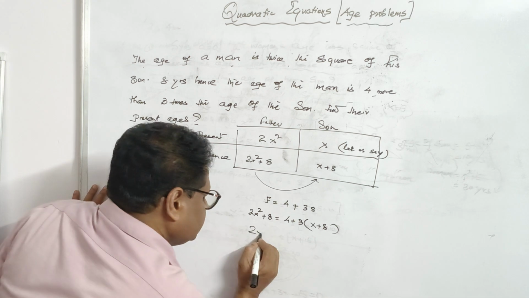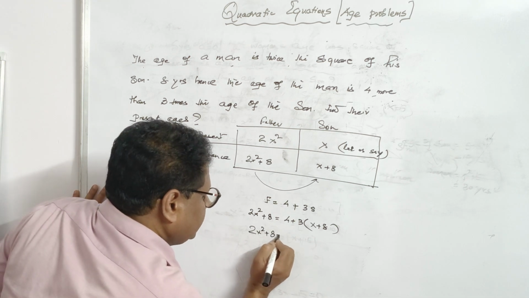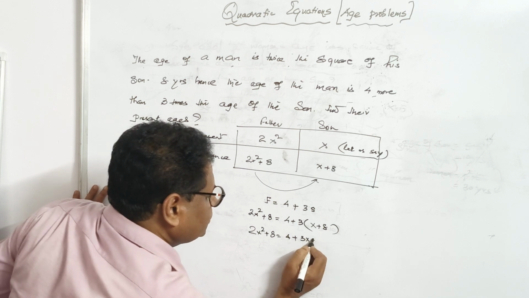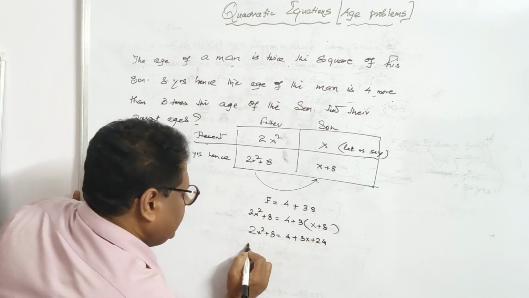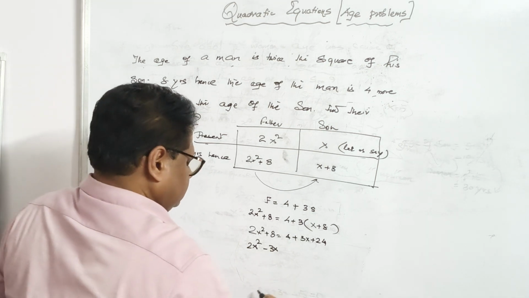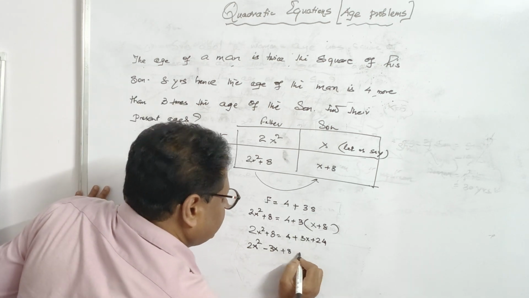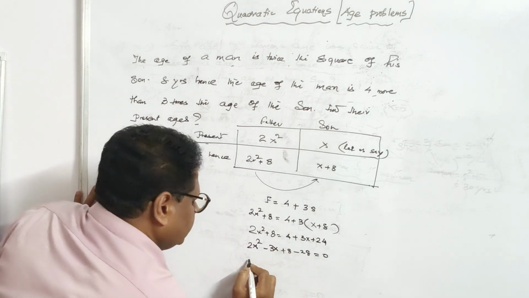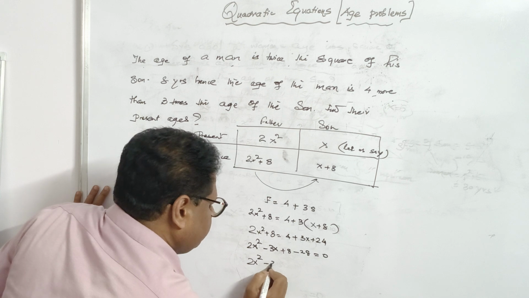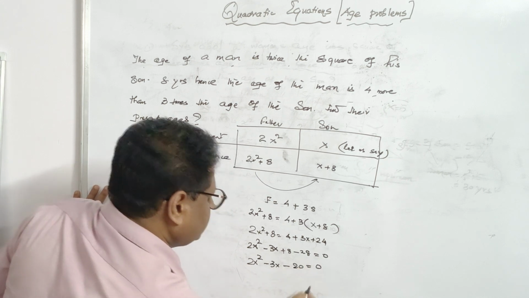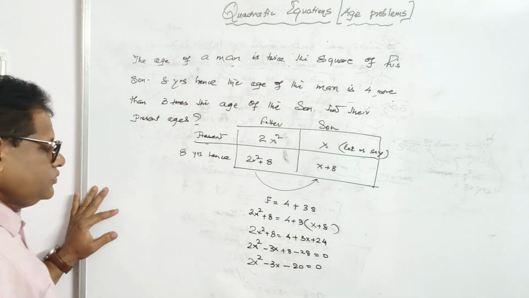Now this gives you a quadratic equation. So this is 2x square plus 8 equals 4 plus 3x plus 24. So we have the equation 2x square minus 3x plus 8 minus 28 equals 0. That brings the equation 2x square minus 3x minus 20 equals 0.